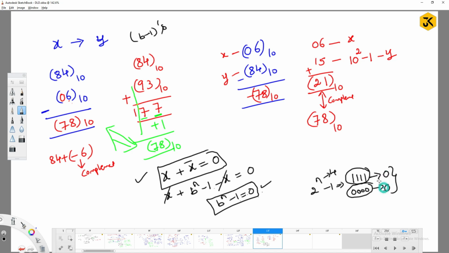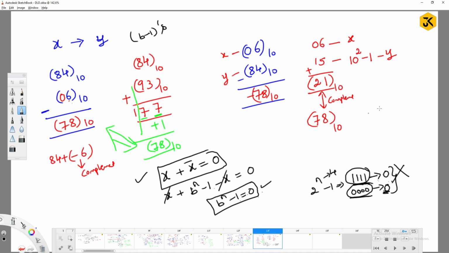No, that is not valid. So this is an invalid kind of design. I hope you understood, right? With one kind of procedure, you are going to get the value 0. The same thing you are going to get with again 4 ones, but that is not the correct one. So this is the drawback we are facing in b minus 1's complement.